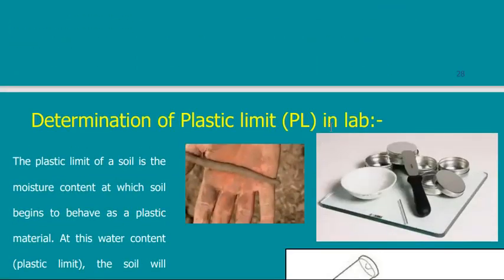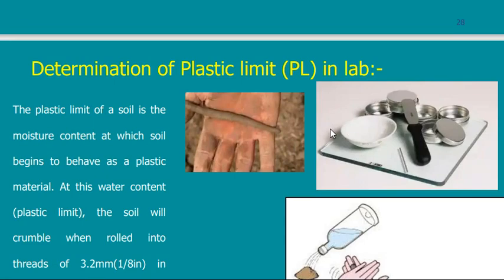The plastic limit is a little bit different, and it is easier. The plastic limit, you can do it on site. It's called the threading experiment. You just take the clay, put it in your hand, and roll it like this, trying to make a thread.